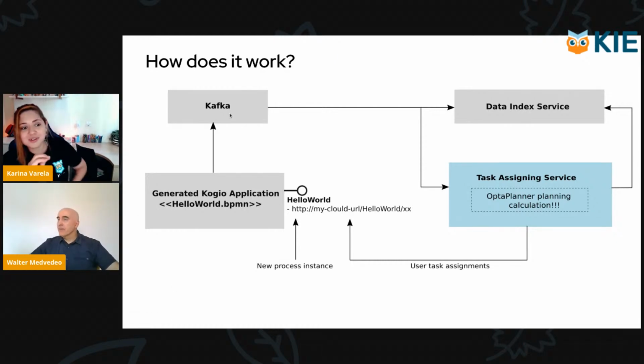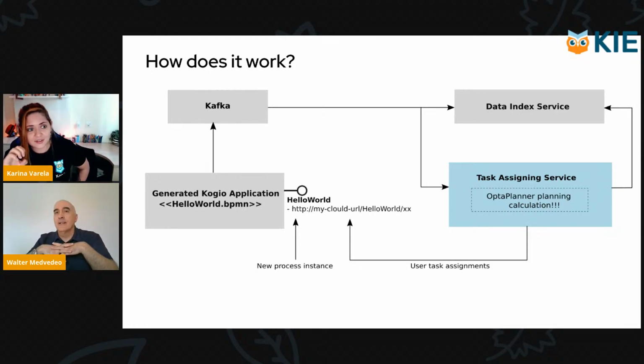Just to double check the understanding, please, Walter: whenever we start a new process and a new task is created, a new event will be sent using Kafka to the data index. Yes. In this moment, the task assigning service will catch the same event that will also be captured by the data index, right? Yes.